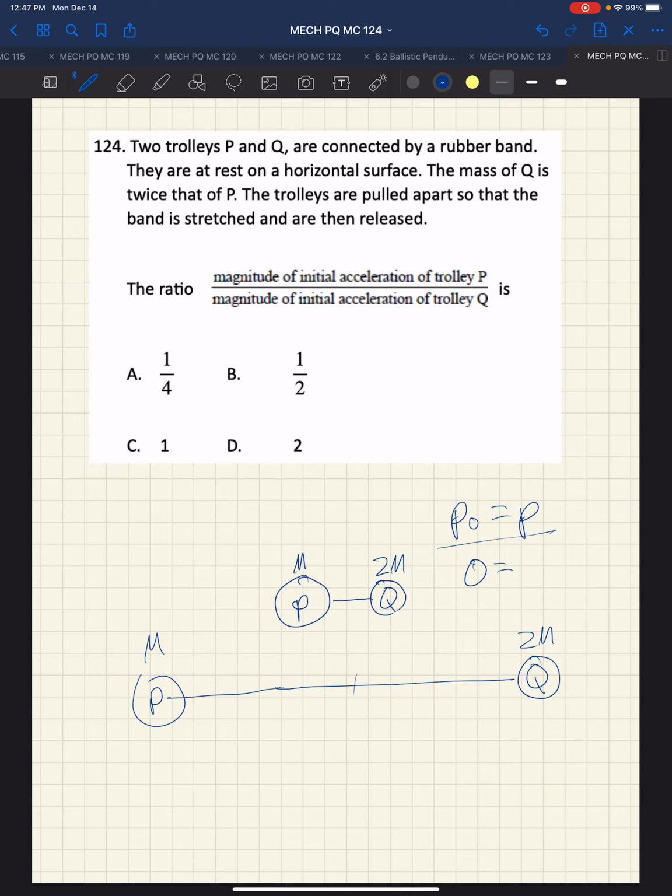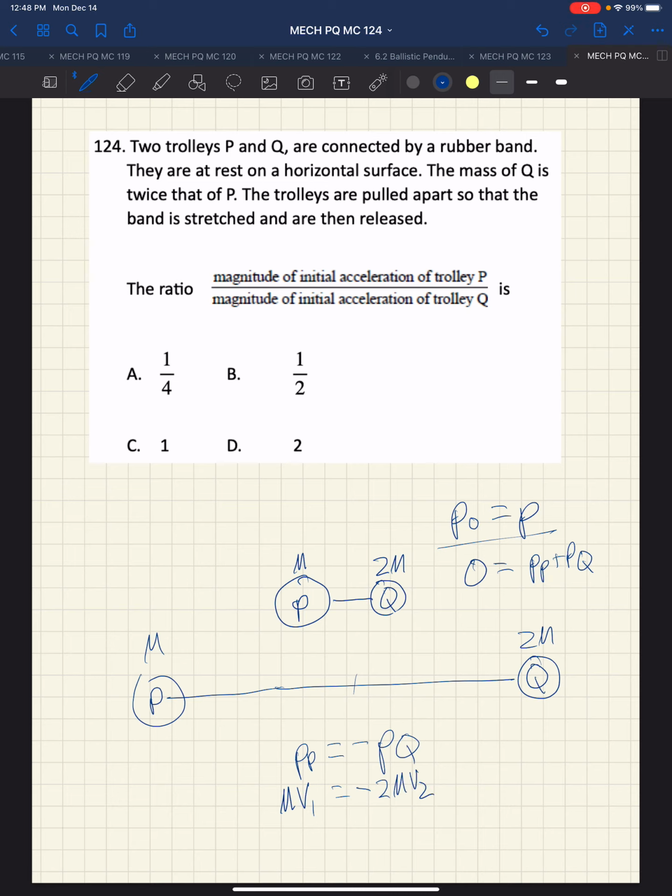So that must be equal to the momentum afterward, which would be the momentum of P plus the momentum of Q. So that must mean that the momentum of P is equal and opposite to the momentum of Q. Well, the momentum of P is mv, call that v1, and the momentum of Q is 2m v2.